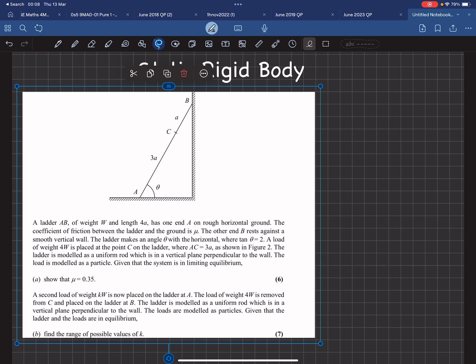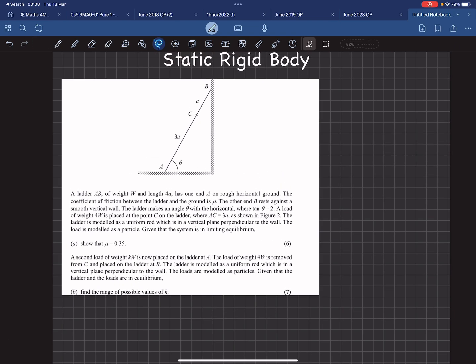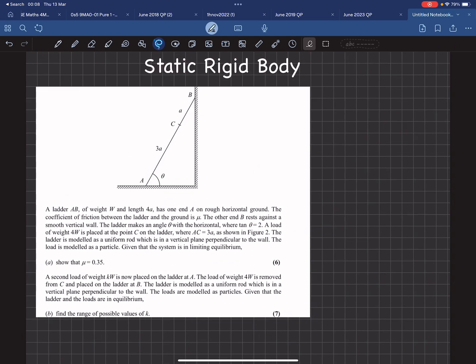So I'm going to show you how this problem can be solved. And for any ladders question, you would use the exact same method as I am going to do in this question. And if you use the exact same method, you will not go wrong.